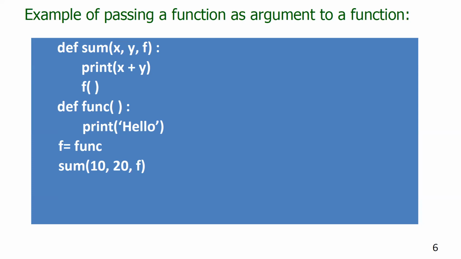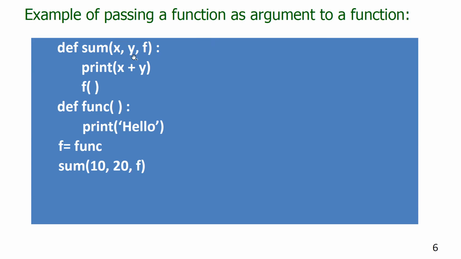Now coming to the second one. Example of passing a function as argument to a function. Here we can pass the function as an argument to another function. Now coming to this program. Here we are defining the function sum, which is going to take three arguments x, y, f.